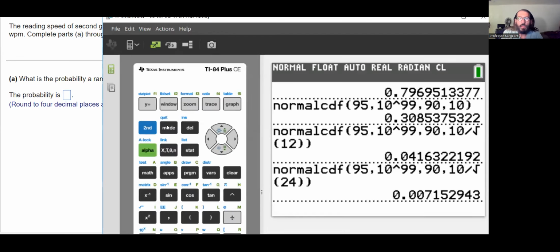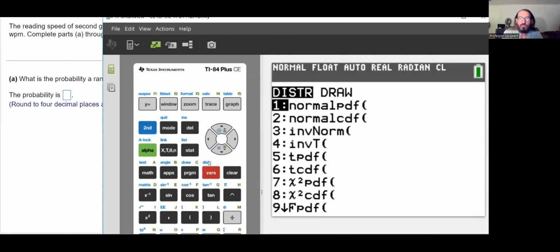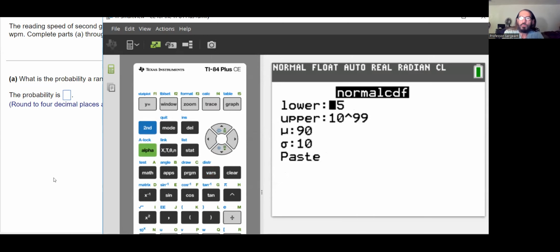So I will go to second and vars, because above vars is DISTR, short for distribution. I picked the second one, not the first one. My lower bound is the 96. The upper bound is the 10 to the 99th power.